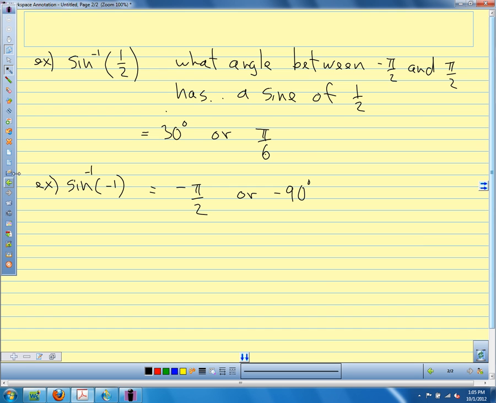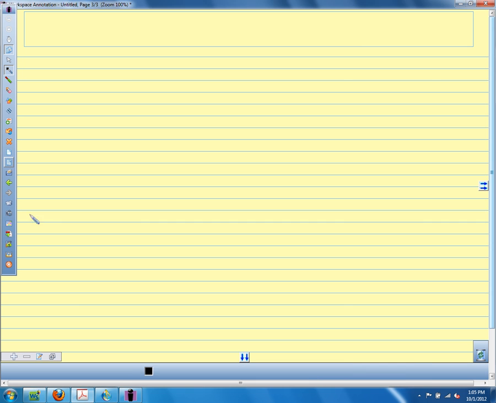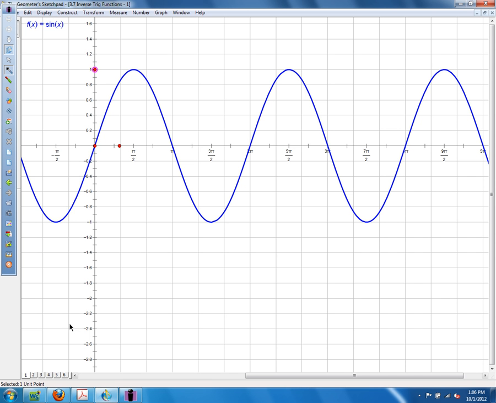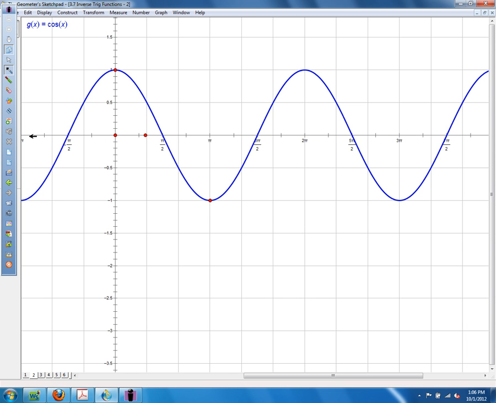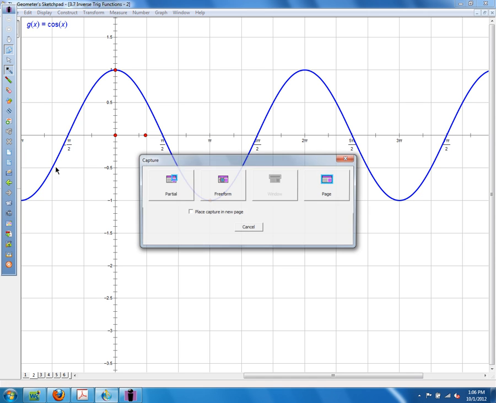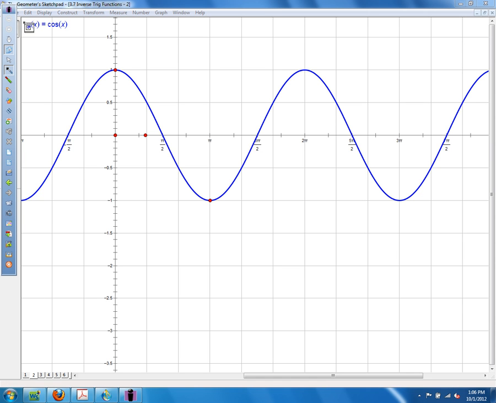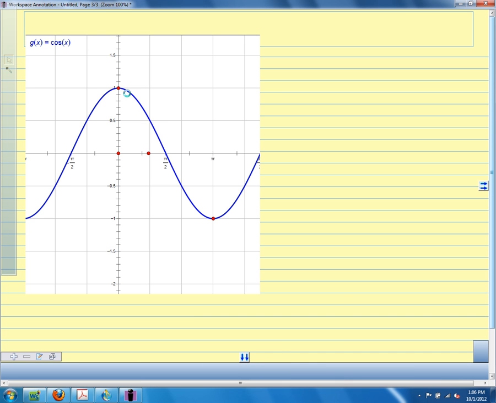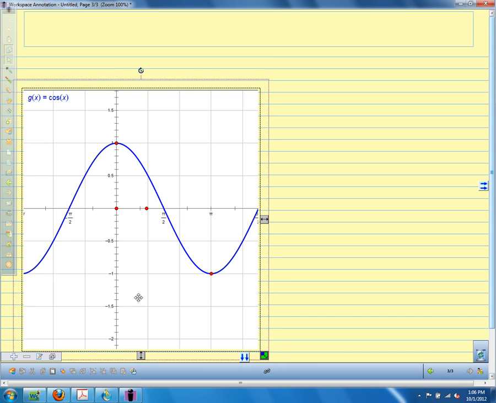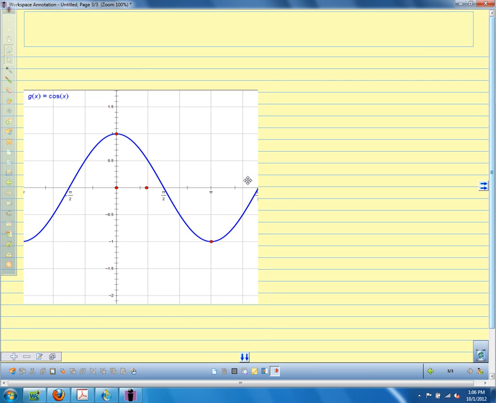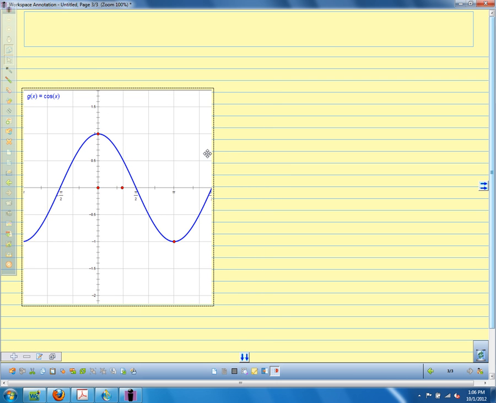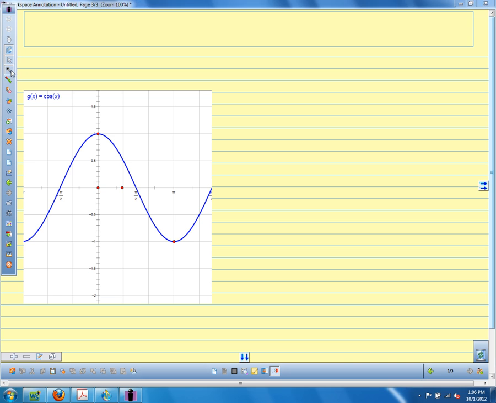All right, let's quickly look at the cosine function. So here is a cosine function. So we're going to do a similar thing with the cosine function. We can see right away that this does not pass the horizontal line test.